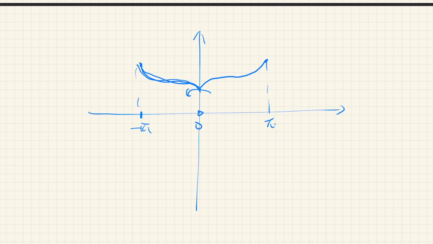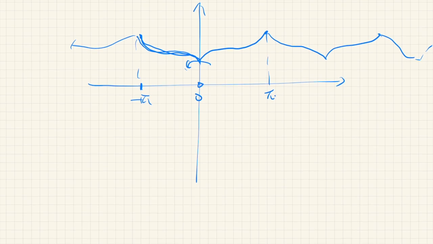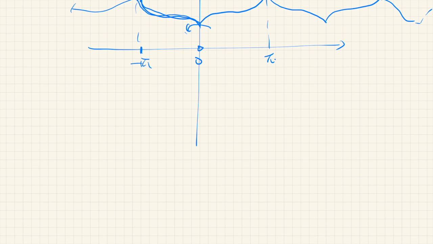And then we repeat the same pattern over and over, and so on to this side also. Then we have an even periodic function for which we can calculate the Fourier cosine series.